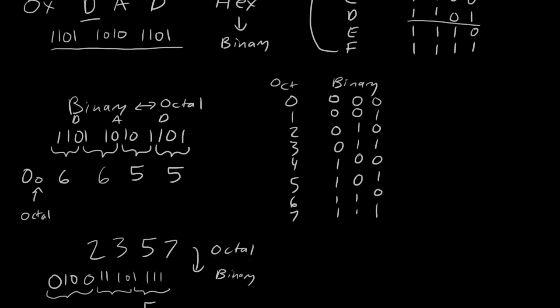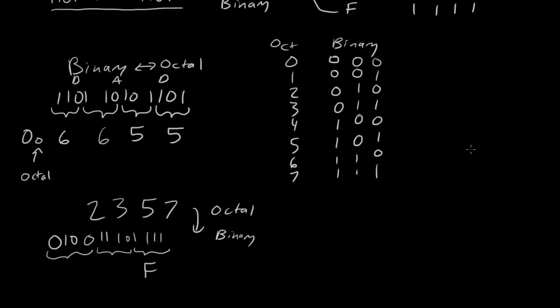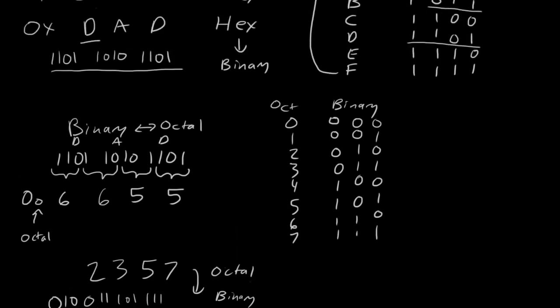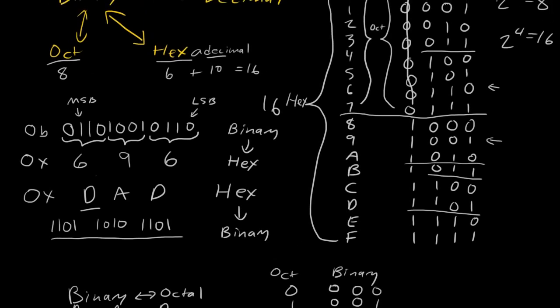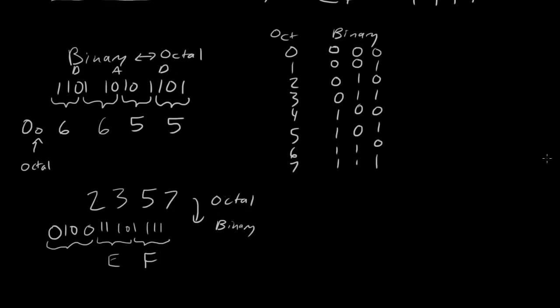And 1110 is going to be E. Yep, that's going to be E. And then over here we have 0100. That's going to be just 4. So it's 4EF in hex.